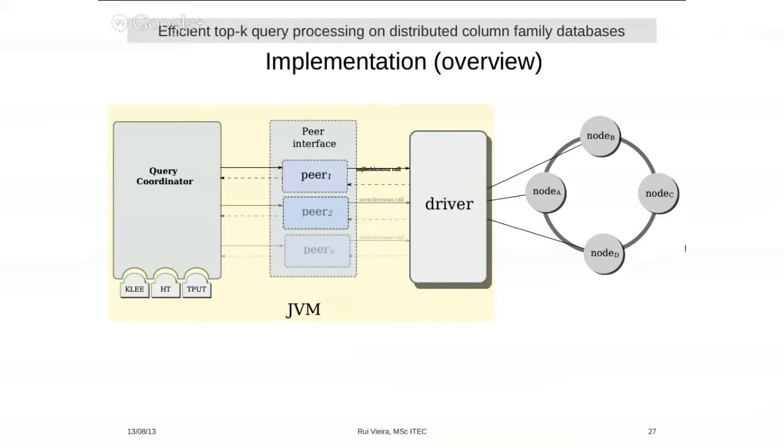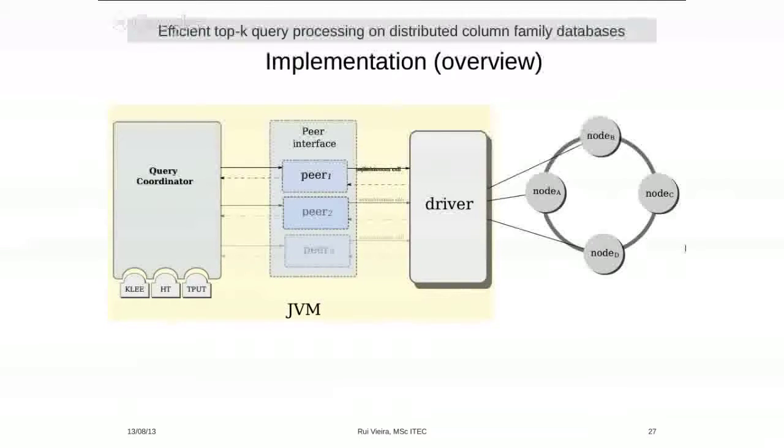So this is just an overview of how we implemented our top-K query framework. We have a query coordinator, and algorithms which implement a very simple interface, so we can plug in any kind of algorithm we want, which is actually what we did to do all the testing.